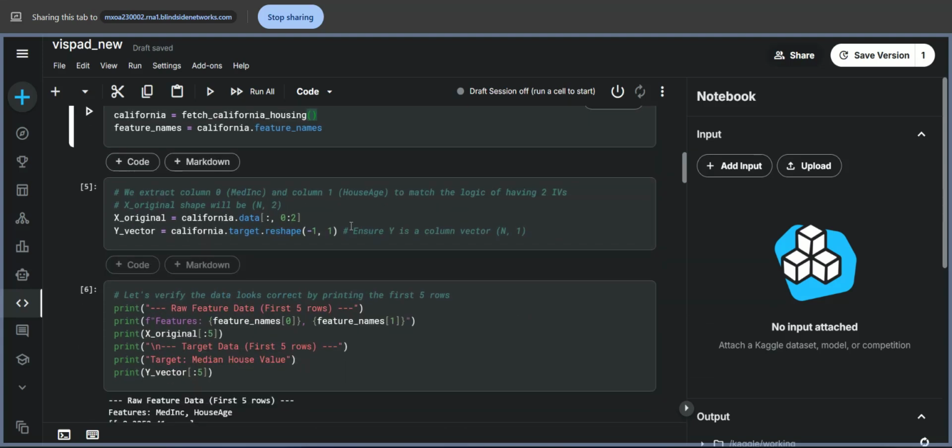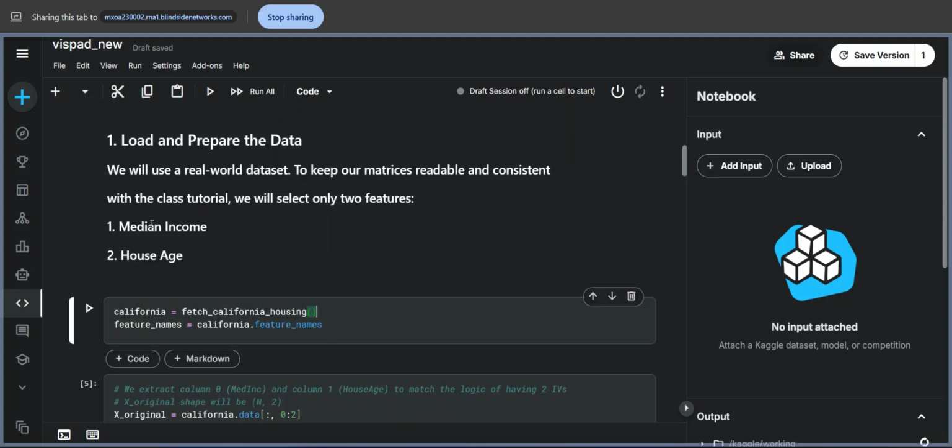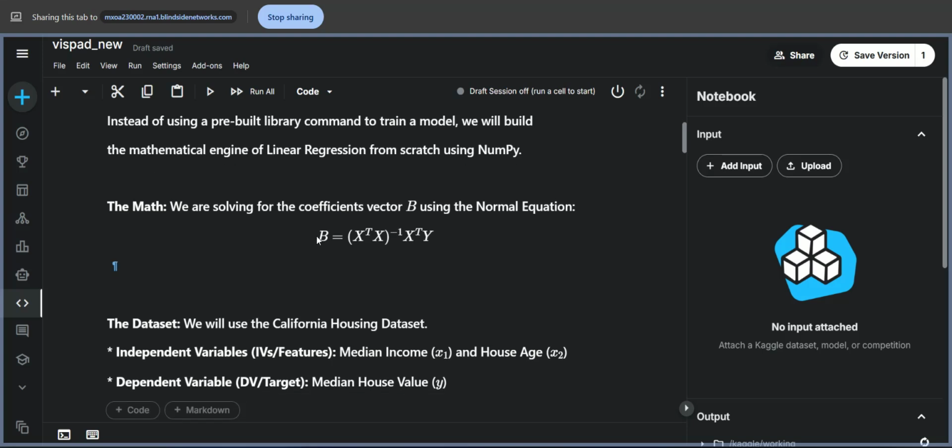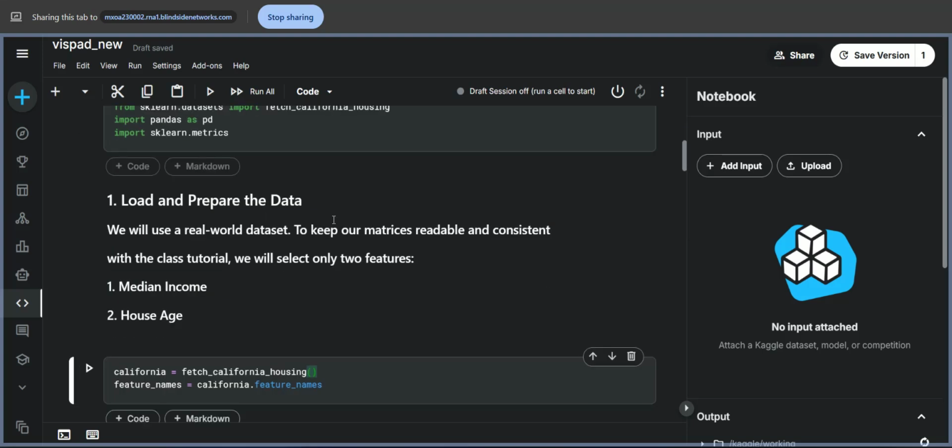Okay, so this is where we begin more serious work. Here we are going to section them in a way that we can compute using the matrix formula, which is this formula. I hope we are all familiar with this formula, right?